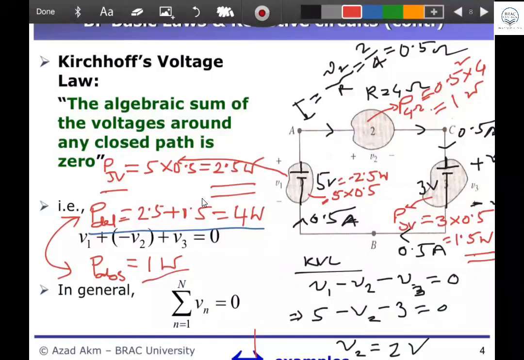The power you are getting here is negative 2.5, and this one is positive. Because if you go here for the resistor power, P for the 4 ohm resistor is equal to V into I. What is V? V is 2 volt, right? The resistor voltage. And current is 0.5.